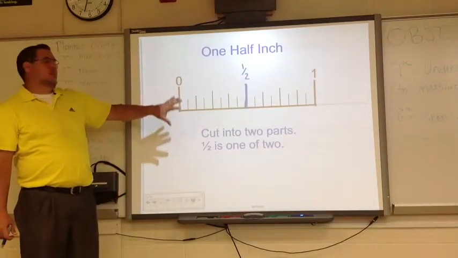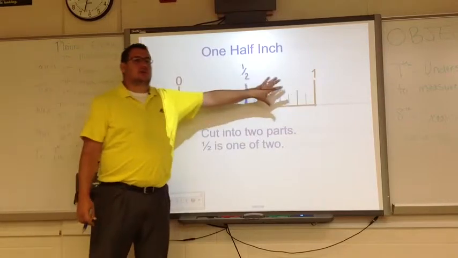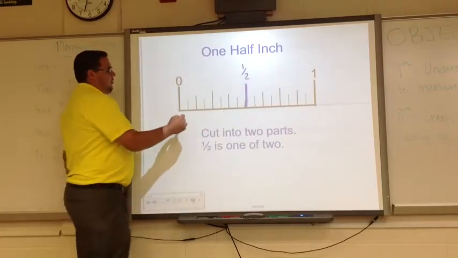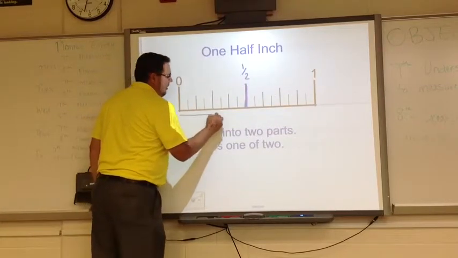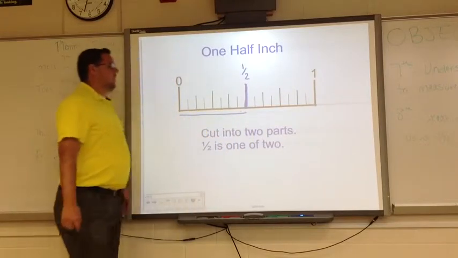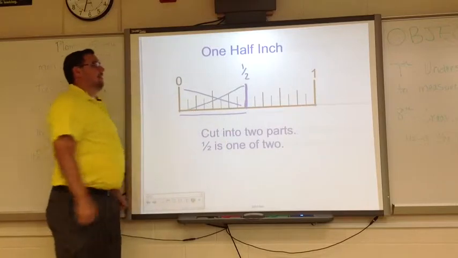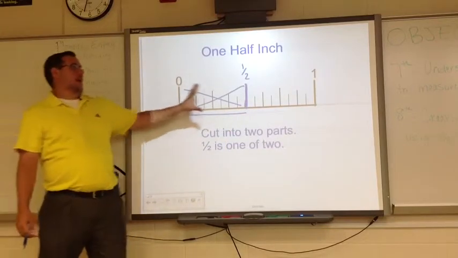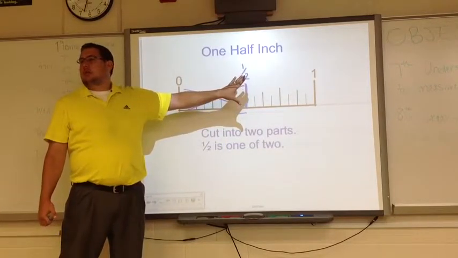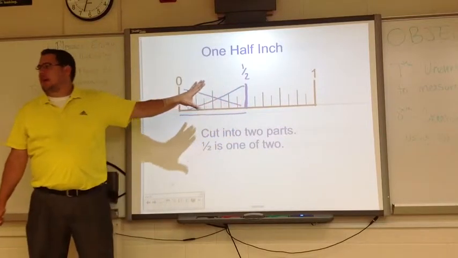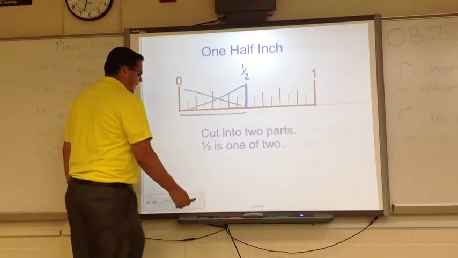Notice with 1/2 it is split into 2 equal parts. If I measure a line and it takes up this 1 whole space, that is why it's called a half. It takes up half the space. So that is a half inch.